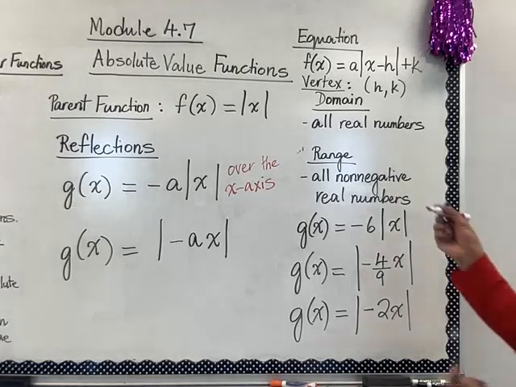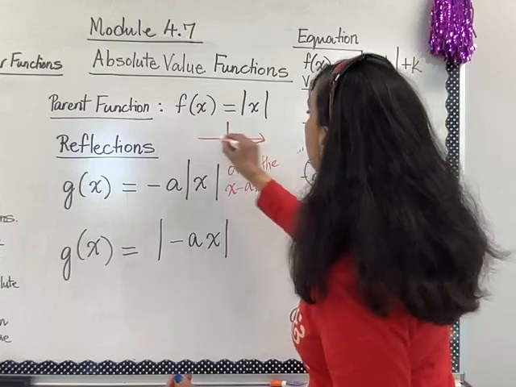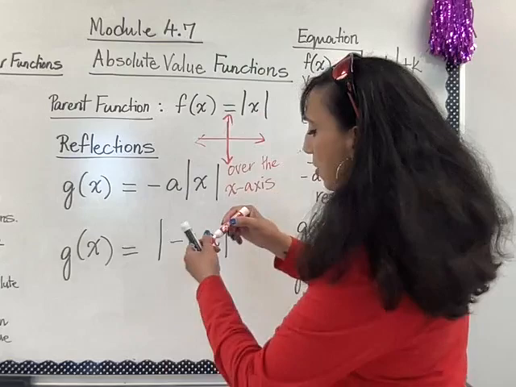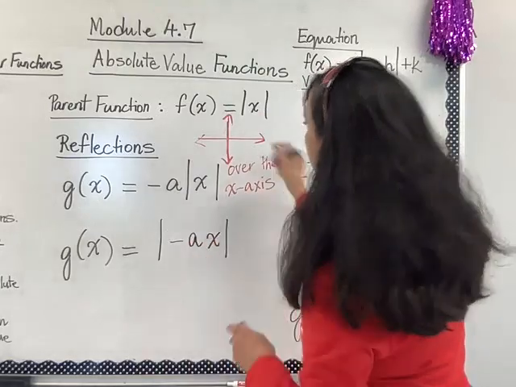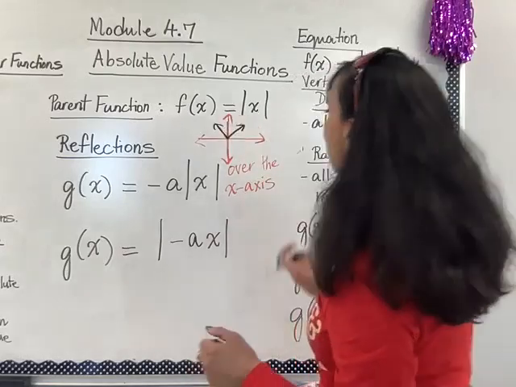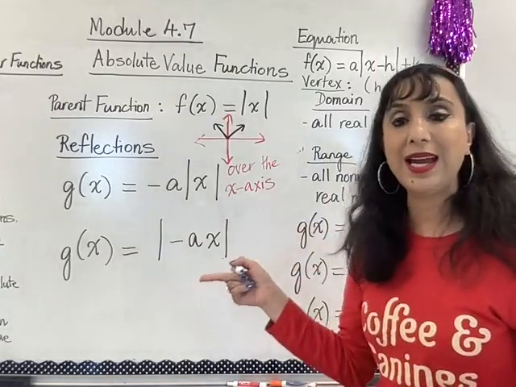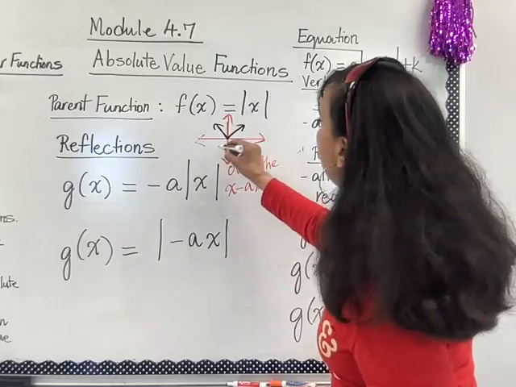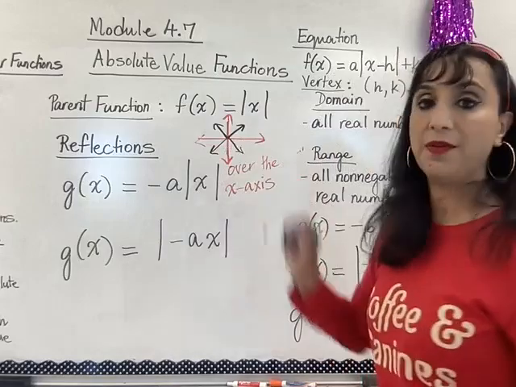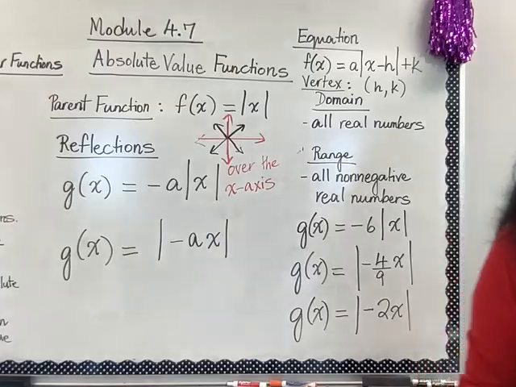Let's say here is my parent function of absolute value. When I'm saying it's going over the x-axis, what I mean is that it is being flipped like this. Here, it becomes upside down. And that's what this graph means when it's going over the x-axis.